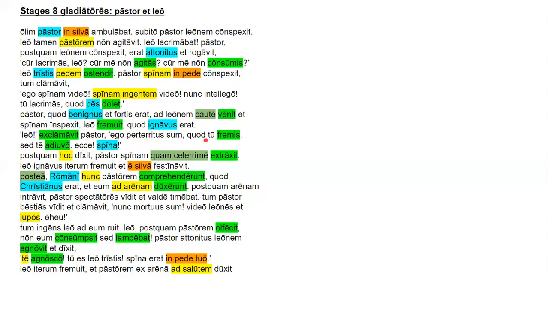Quod, another because. Tu, and then nominative subject, just like tu. So tu, because you, fremis, and this is the same verb as fremuit, but it's a present tense form, because you are roaring. So it's second person singular because it has just that s there.